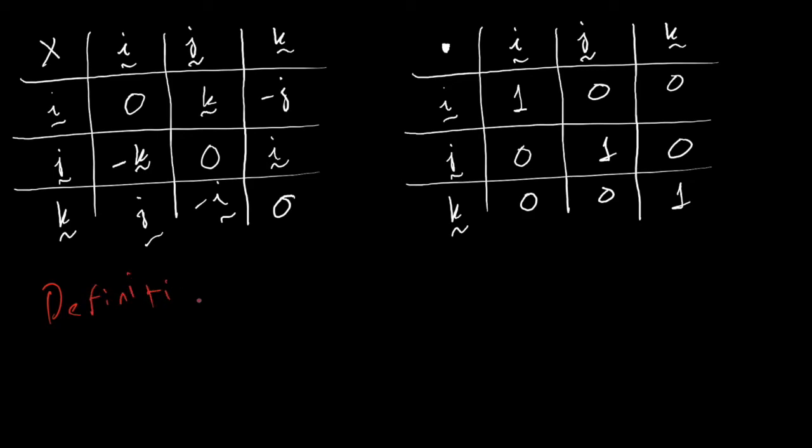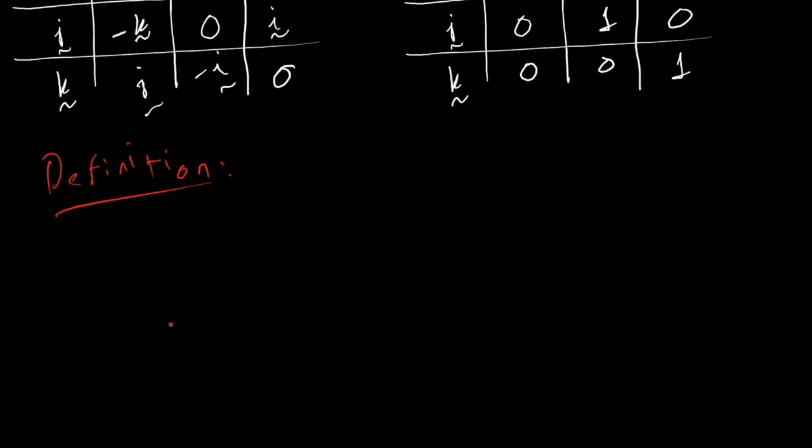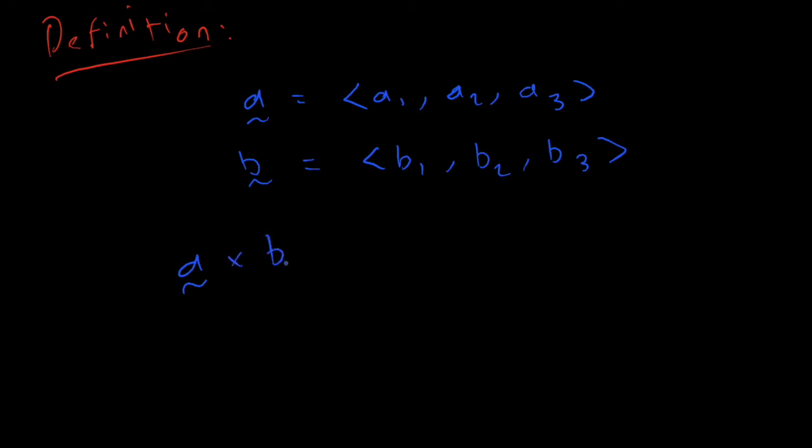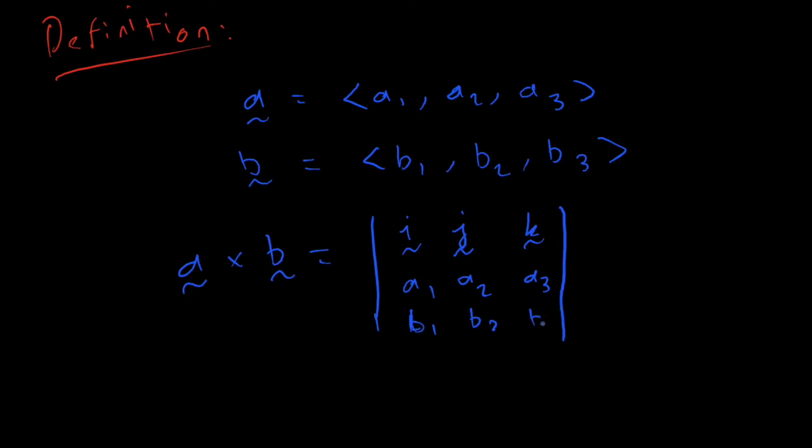So the definition of the cross product, the rigorous definition, is if we have vector A, defined as A1, A2, A3, and vector B, defined as B1, B2, B3, if we want A cross B, the definition is the determinant of the matrix with rows i, j, k; A1, A2, A3; and B1, B2, B3.